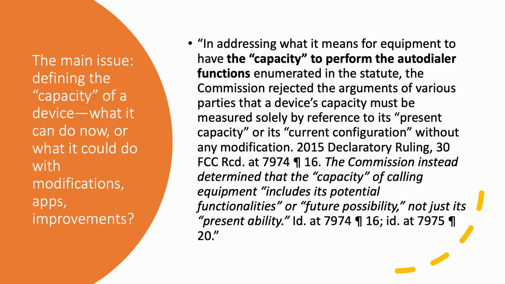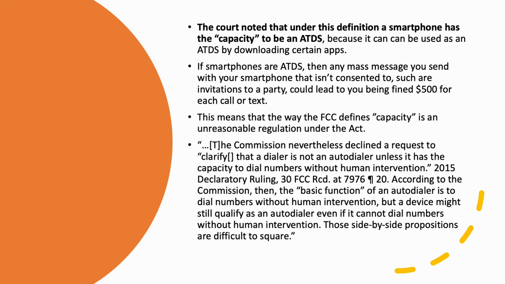Well, the problem was that the devices it might include, smartphones, the ones like we have in our pockets, have the capacity to be an automatic telephone dialing system. Even a smartphone can be used as an ATDS. I personally did not know this until I read about this case. And so the court says, this regulation the FCC made is too broad because it could even include smartphones.